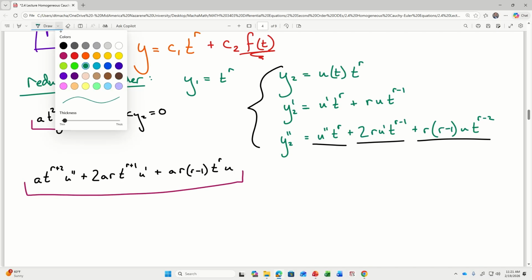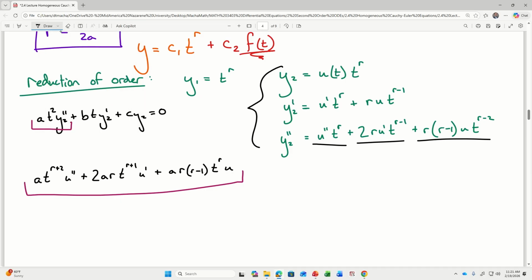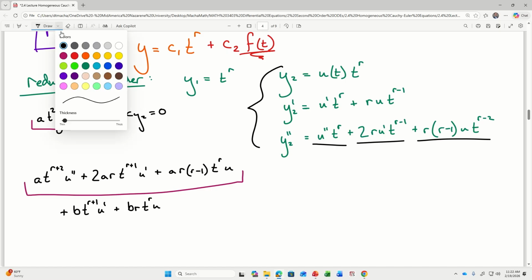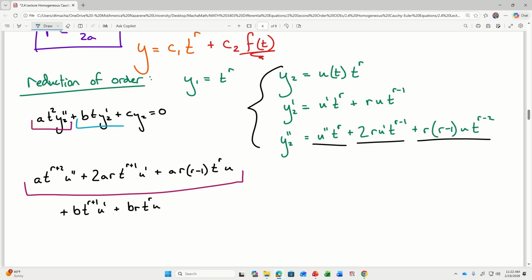So now we're moving on, and we're going to do the second term here. Plus b, I'm distributing the t to each term in the y prime solution, so it's going to be t to the r plus 1 u prime plus b r t to the r u, and that takes care of this term.